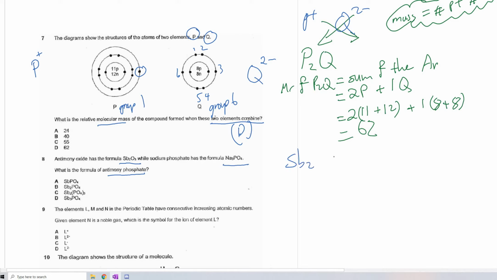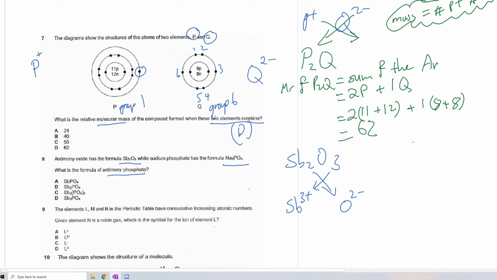We have Sb2O3. So remember we did the crisscross method in the previous question to find the compound. Similarly, we'll do the reverse crisscross method, and we realize that Sb has a charge of 3 plus. And O, because it's in group 6, has a charge of 2 minus.